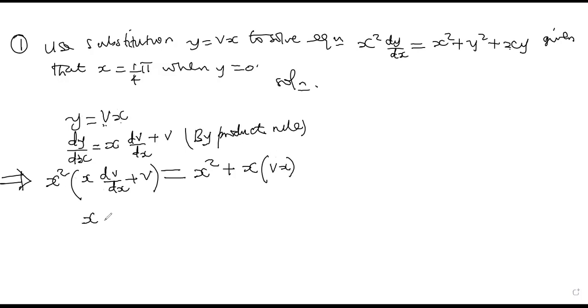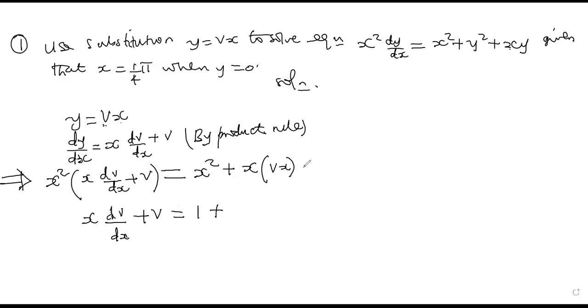So we shall have x dv/dx plus v is equal to, when we divide by x squared, 1 here, plus, oh, I forgot y squared also here.